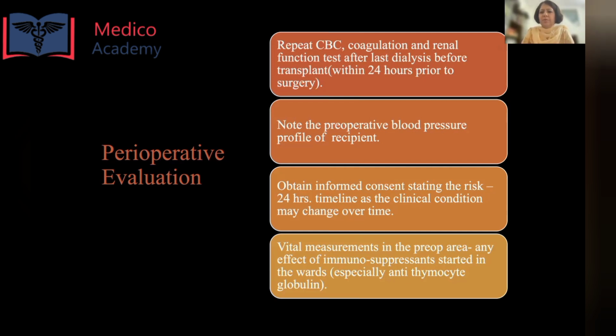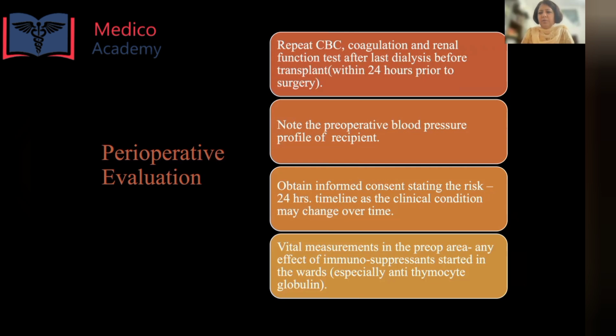We want a patient with an HB of at least 6.5, and all the coagulation parameters should be normal, and potassium should be within the range for your institution. If the potassium is marginally low, then in these patients we do not try to correct the potassium, because it may go to the other side.